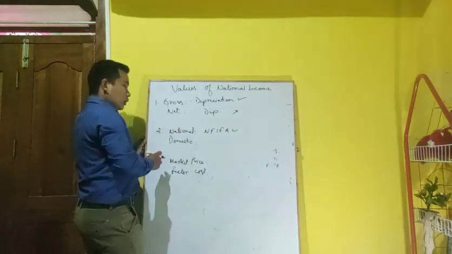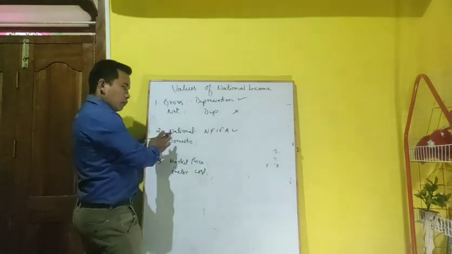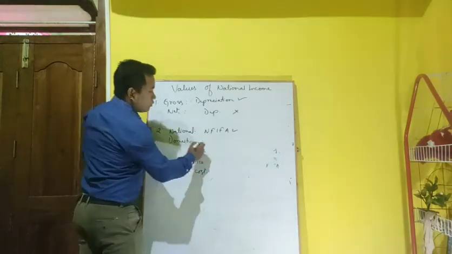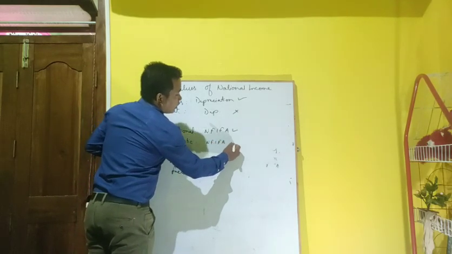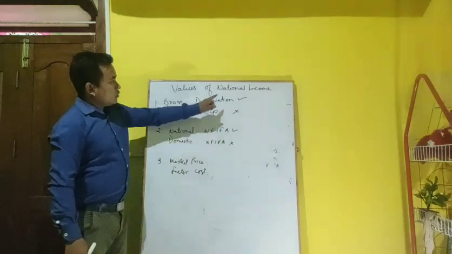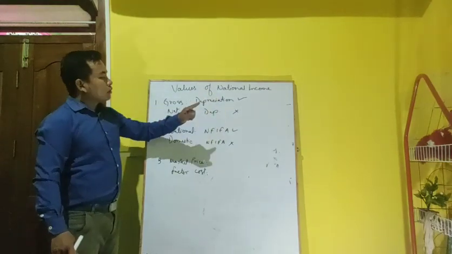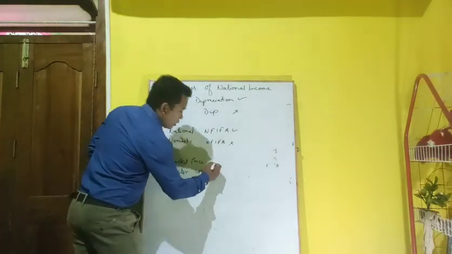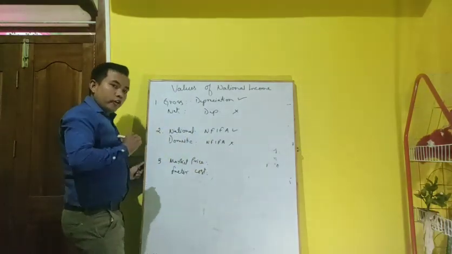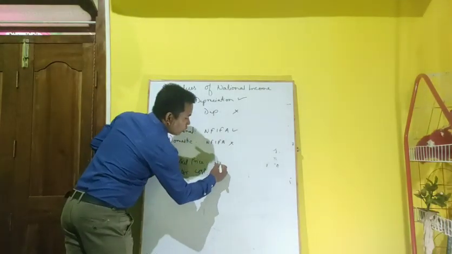NFIFA is included in the calculation of national income. But in the domestic value of national income, we don't include the value of NFIFA. NFIFA is ignored. Depreciation include, exclude. NFIFA include, exclude.